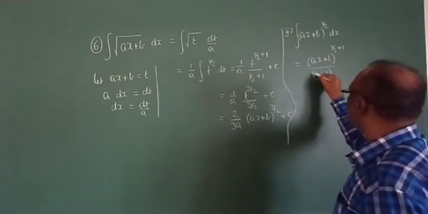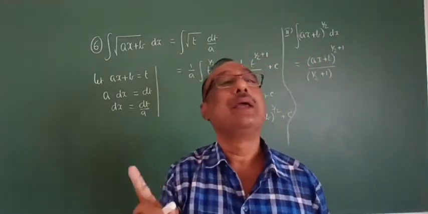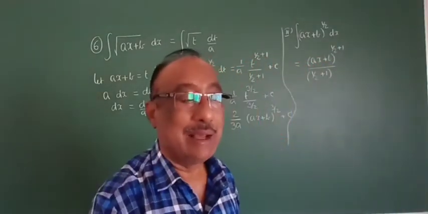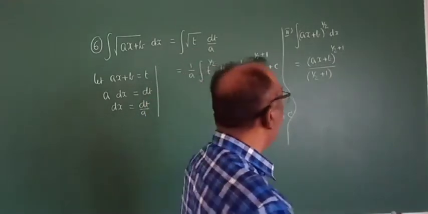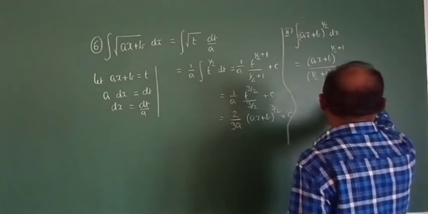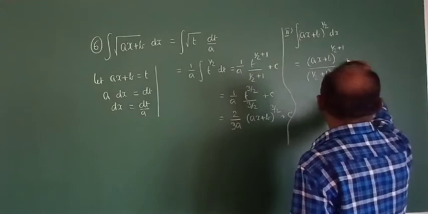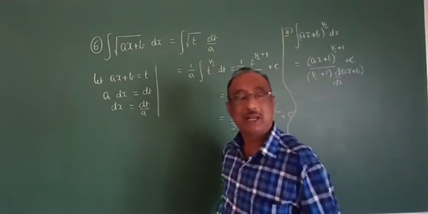Next, by the chain rule, since ax plus b is not a single term, we also need the derivative of ax plus b. Write down the integral constant plus c.